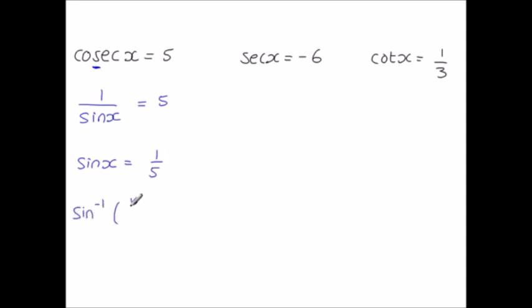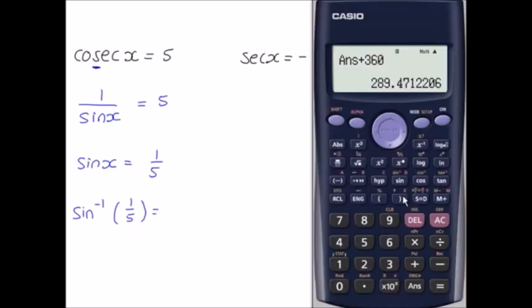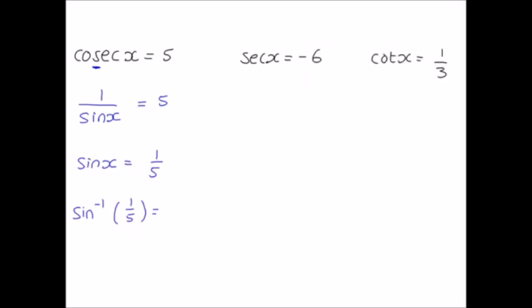What it will give you there is the angle x. So for instance, inverse sine 1/5 gives 11.5 degrees, that's angle x. And you can do this in radians as well. If I wanted the same thing in radians, shift, setup, if I go to radians there, press equals, 0.201 radians. So for secant, which is 1 over cos, again, don't change anything here.